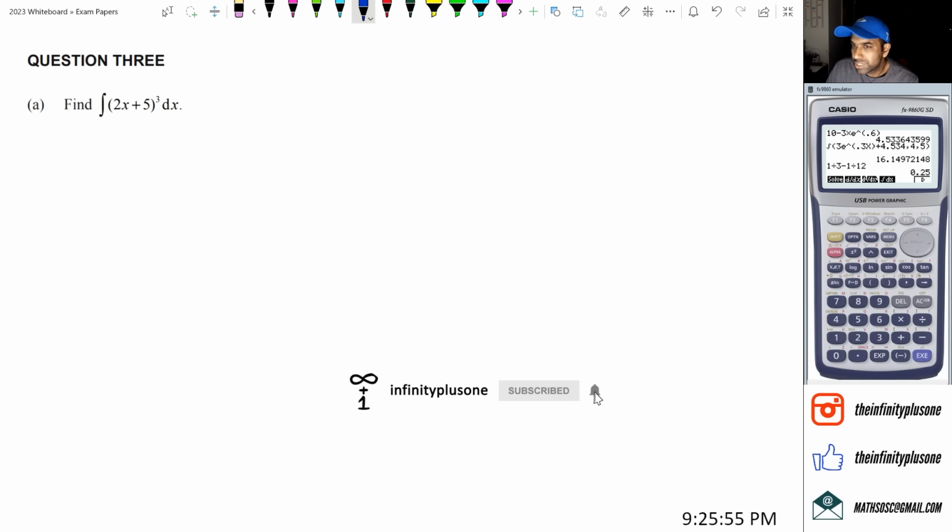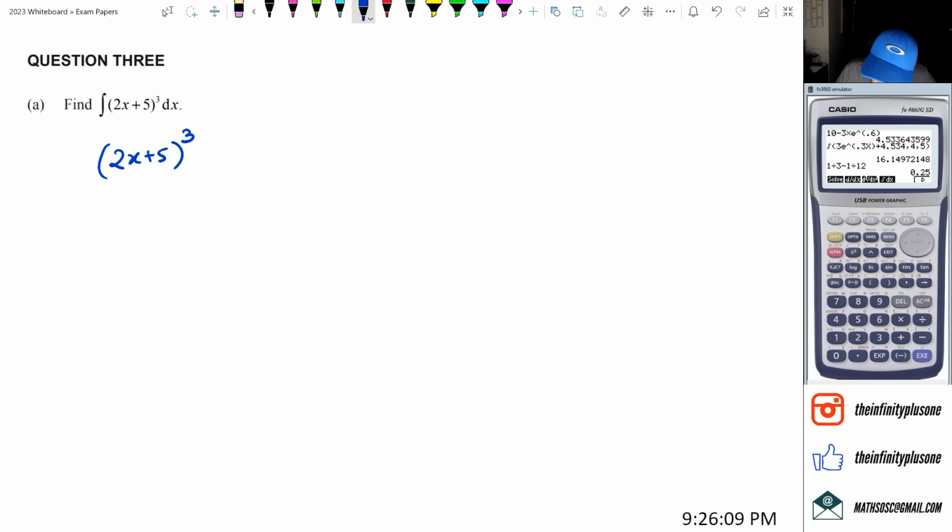All right, so question 3a, lovely integral question. We are going to raise the power, so we've got 2x plus 5. We're going to increase the power, so 3 plus 1, 4. Divide by the new power, which is 3 plus 1. But also we need to multiply by the differentiation of whatever's inside the bracket there, which happens to be 2 in this case.